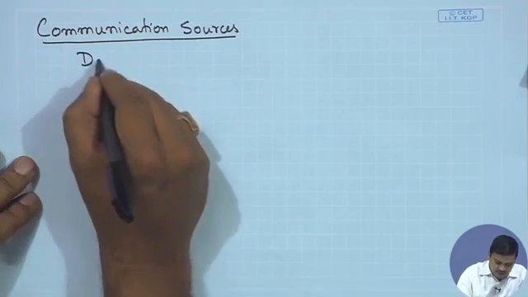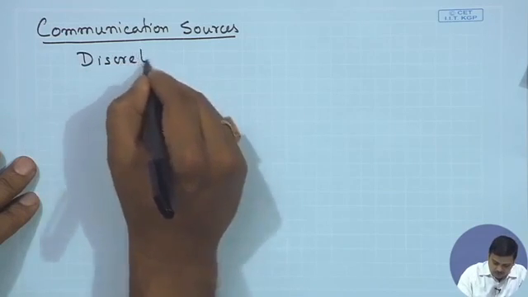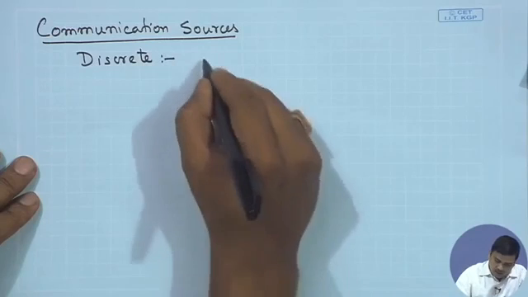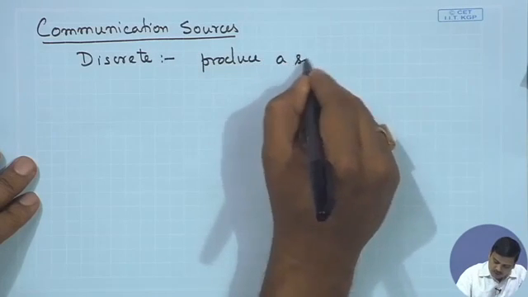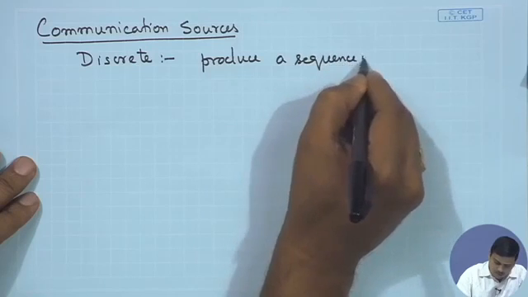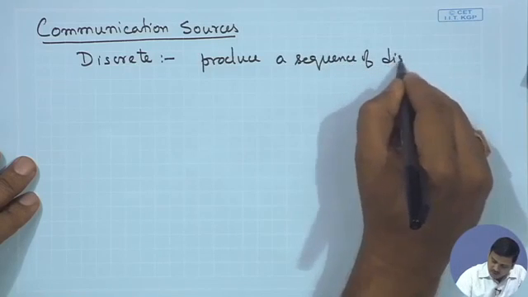they can be discrete in nature, which we all know, and it can produce a sequence of discrete symbols.